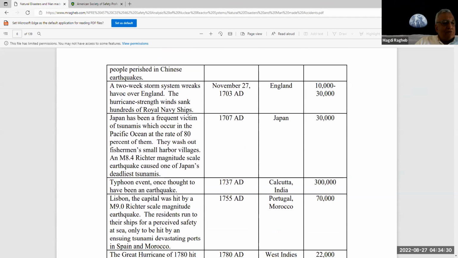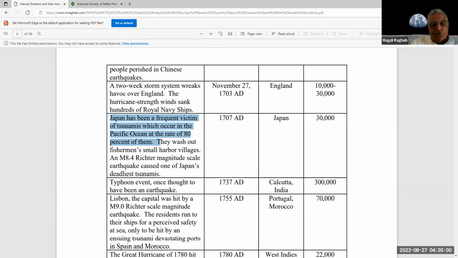A 2-week storm system attacked England in 1703 AD. Japan in particular has been a target of many of those tsunamis, which we said are tidal waves, and they affect particularly harbors where fishermen would be having their boats. It happened in 1707, and caused the deaths of 30,000 people.